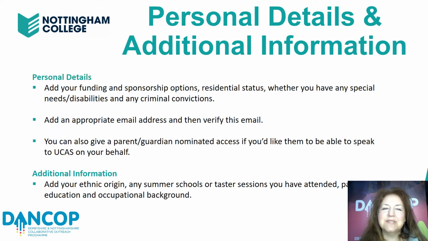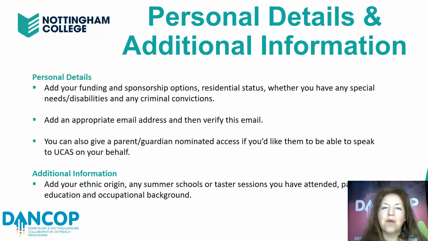In the personal details and additional information section, you're going to be asked for a few things. You'll be asked to add your funding and sponsorship options. Unless you've got a rich benefactor, or you've got lots of money in the bank and you're going to be paying for the course and all your maintenance yourself, then you will be applying to the student loan company for a student loan.